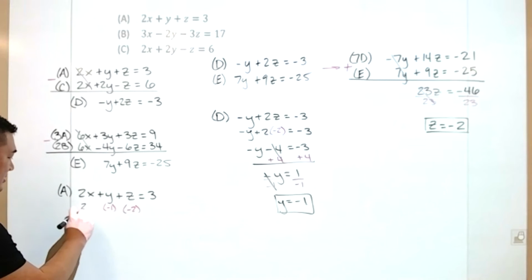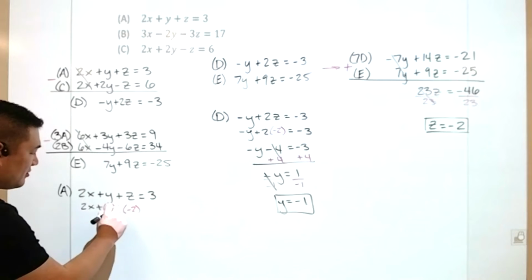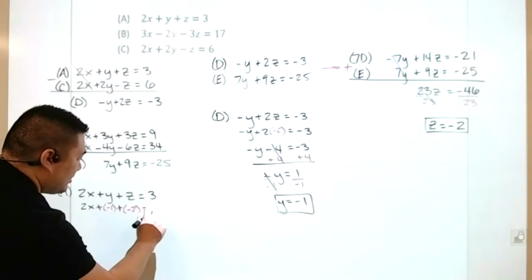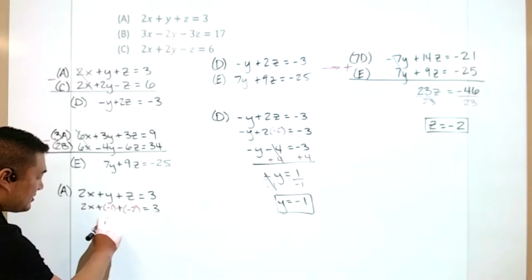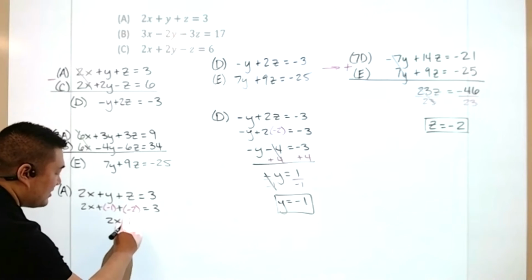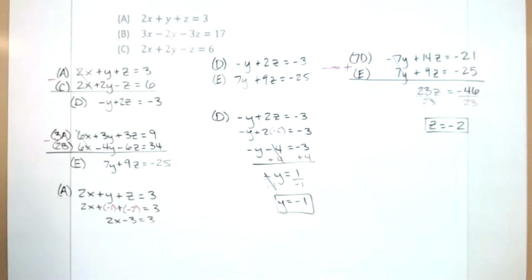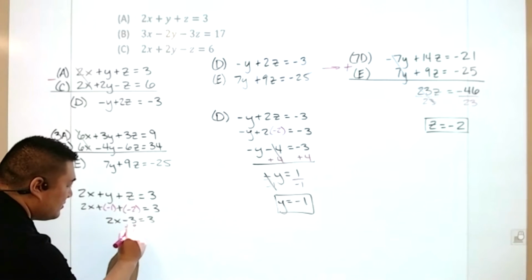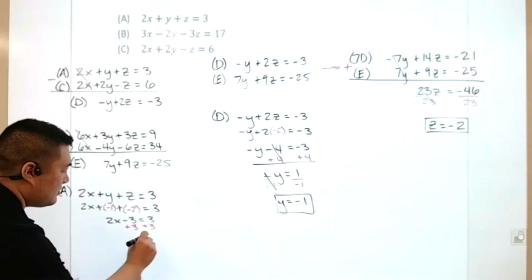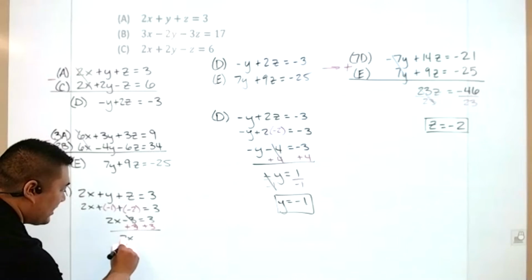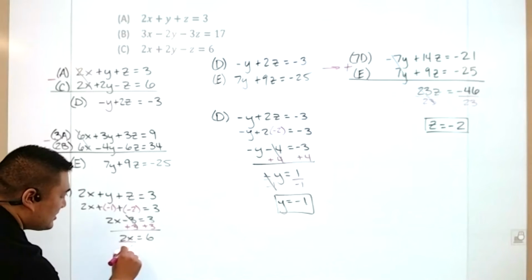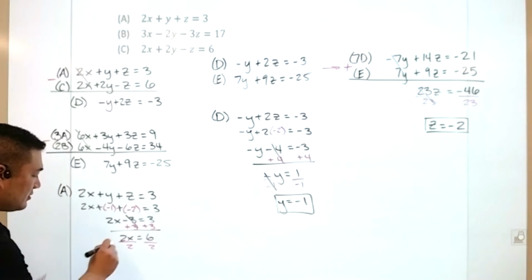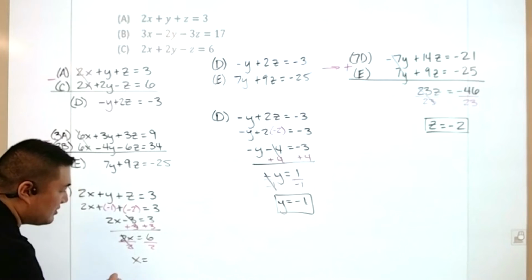So this is 2x plus negative 1 plus negative 2 equals 3. Combining terms, 2x minus 3 equals 3. Add 3 to both sides. 2x equals 6. And then dividing both sides by 2, x equals 3.